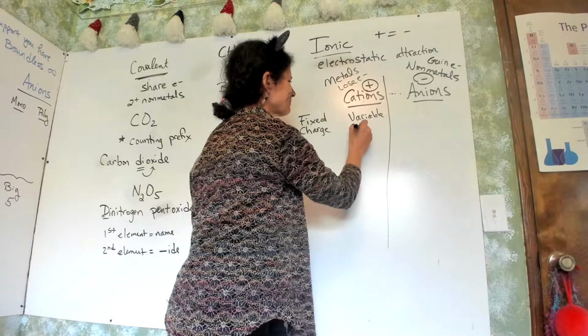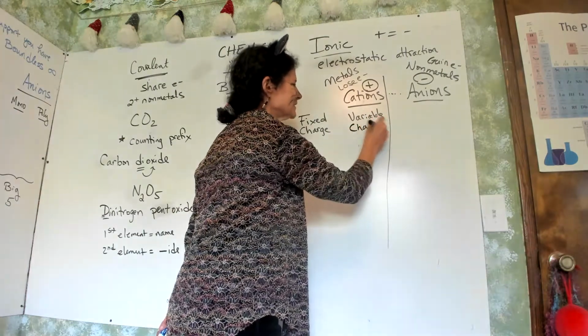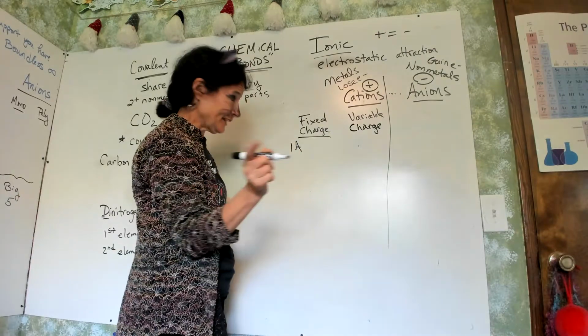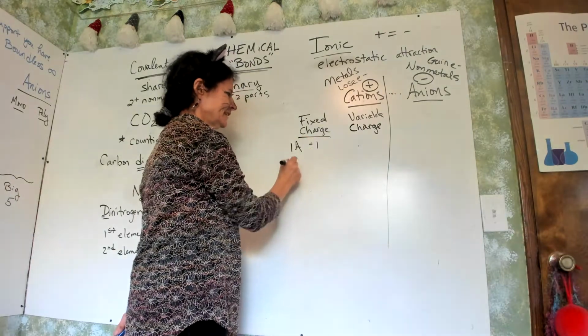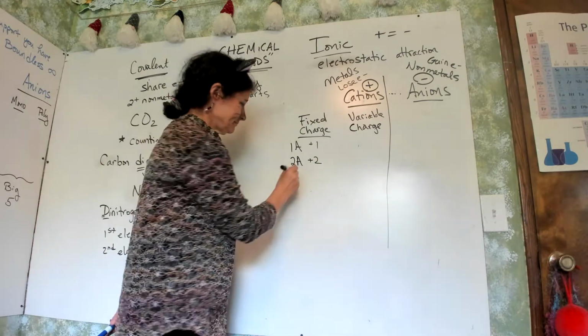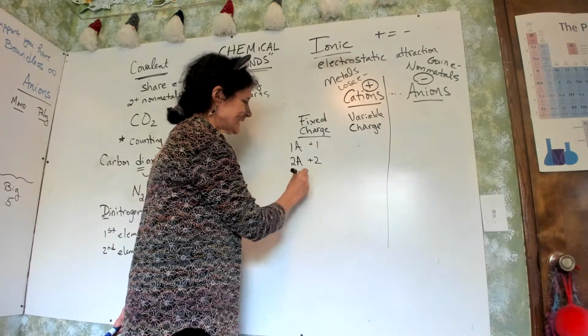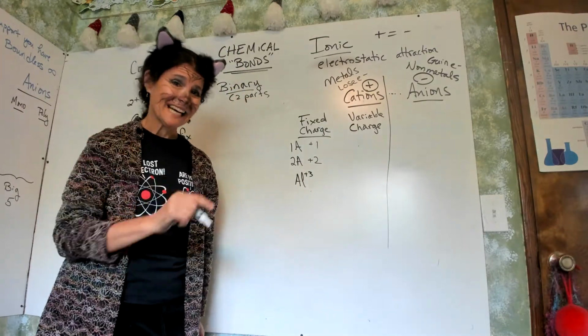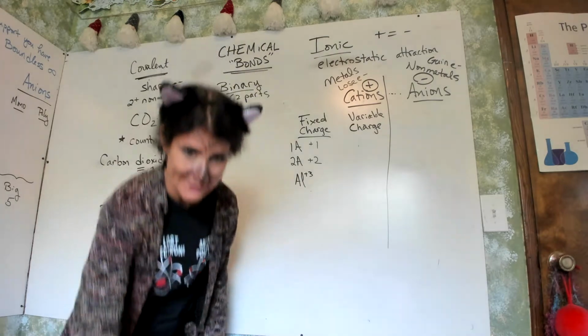Variable charge. The fixed charges are the 1As, alkali metals, +1. The 2As, +2. Aluminum is too teeny tiny to be any other charge. It does not have d electrons.